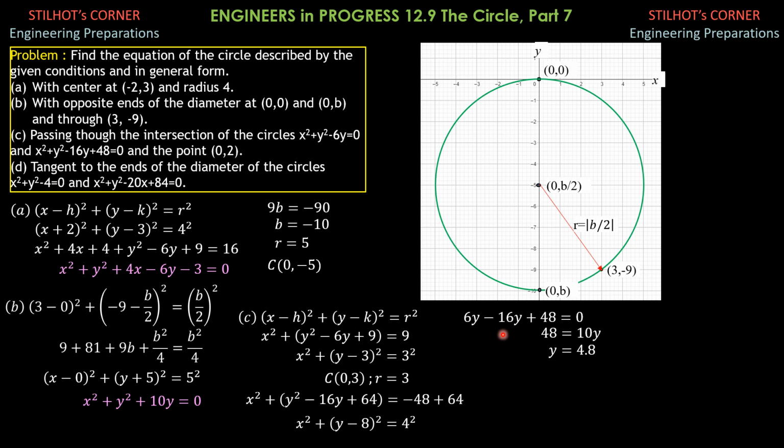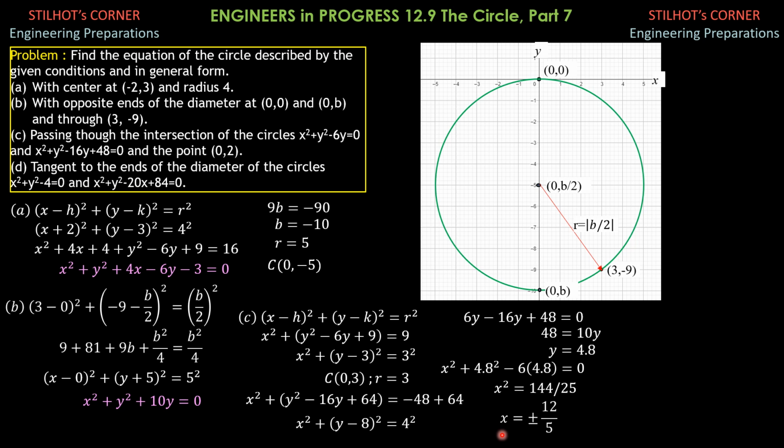For the point of intersection, we substitute the value y equals 4.8 into this equation. So x squared plus 4.8 squared minus 6 times 4.8 equals 0. So x squared equals 144 over 25, extracting square roots, we have x equals plus or minus 12 over 5.